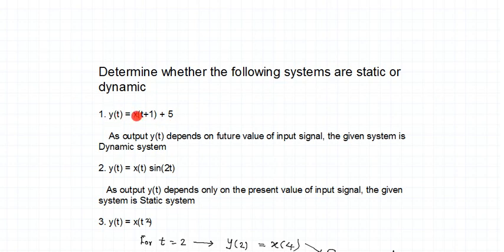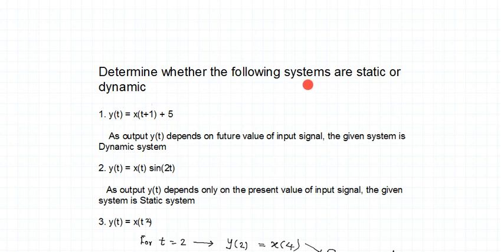So try to understand this very clearly. You have a certain input given to the system and the output of the system is dependent on x of t plus 1 with a quantity 5 added to it. Right, so y(t) is the output of the system and you are being asked to determine whether the system is static or dynamic.